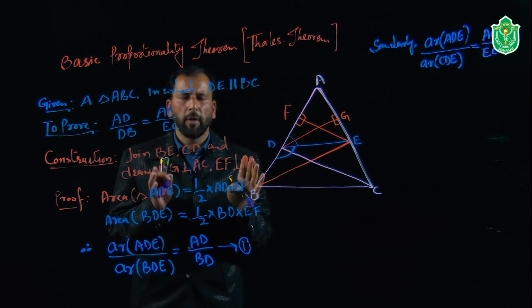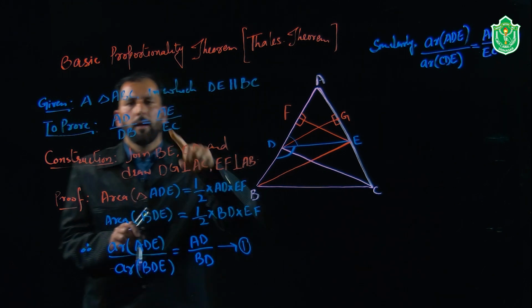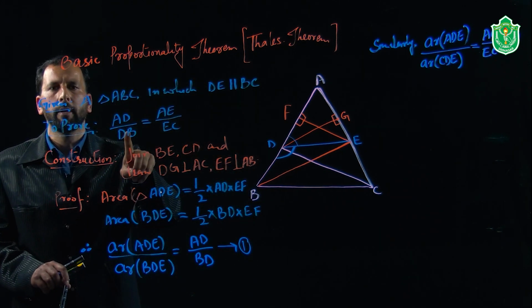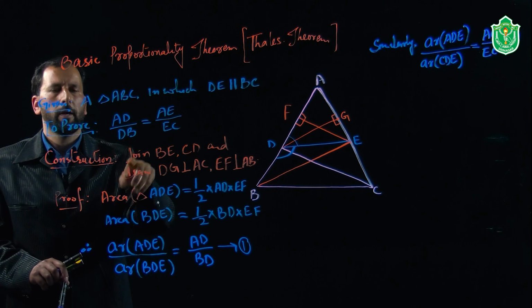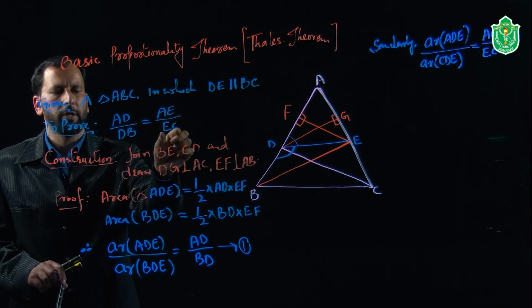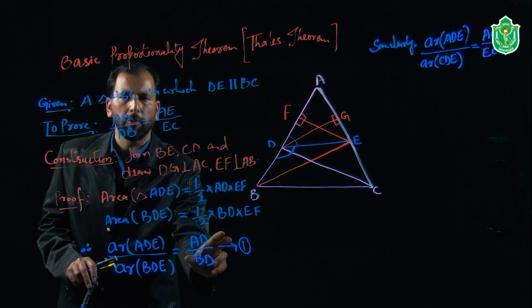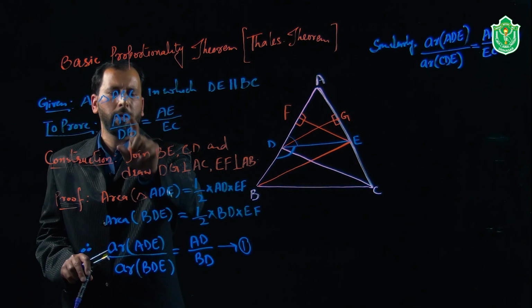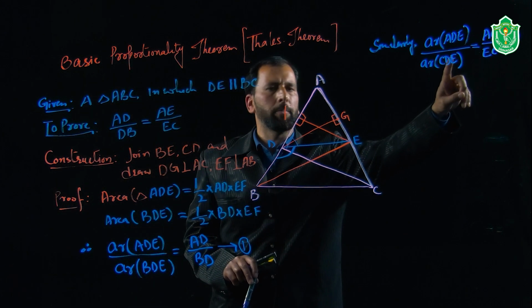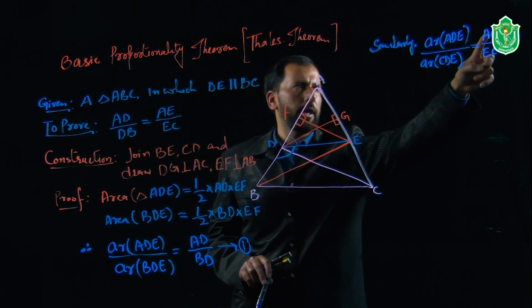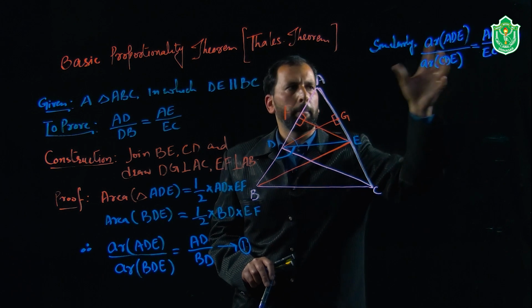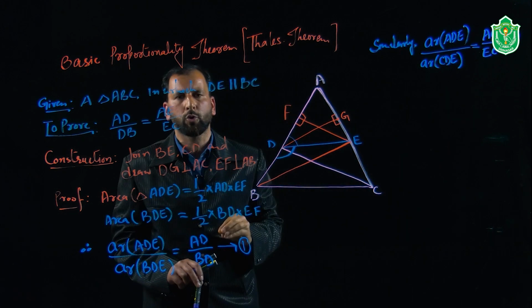Now look once again at the to prove condition here, it is AD divided by DB is equal to AE divided by EC. When we observe the two equations, the right hand side of the first equation is AD divided by DB, and the right hand side of the second equation is AE divided by EC. But look at the left hand sides of these two equations.